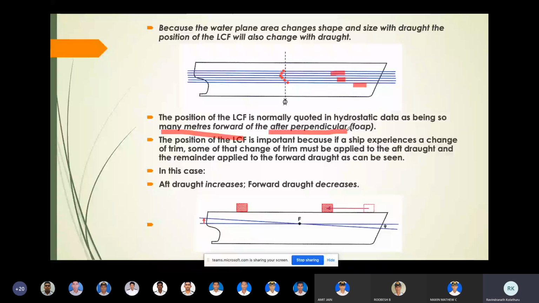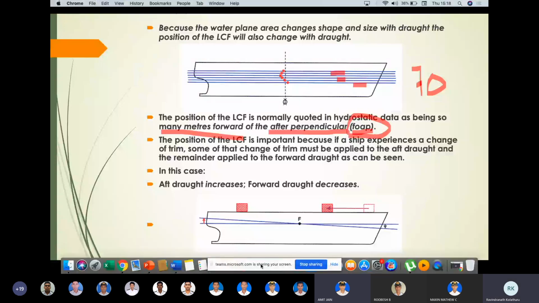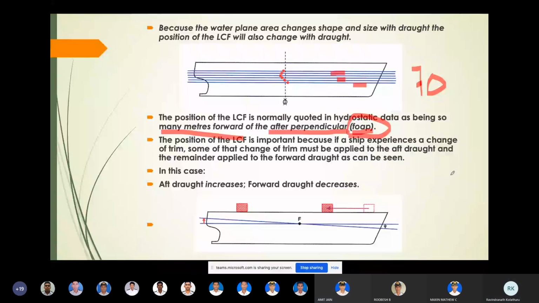Now supposing I say the LCF of my ship is 70 FOAP, what does it mean? It means 70 meters from the aft perpendicular till where? Till the longitudinal center of flotation, till LCF, or you can say F also, not a problem.